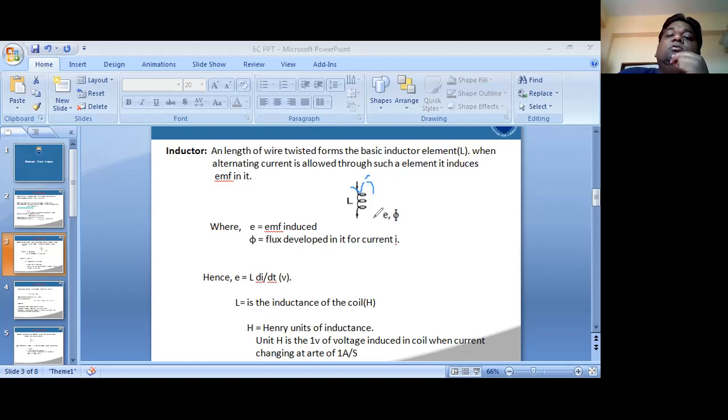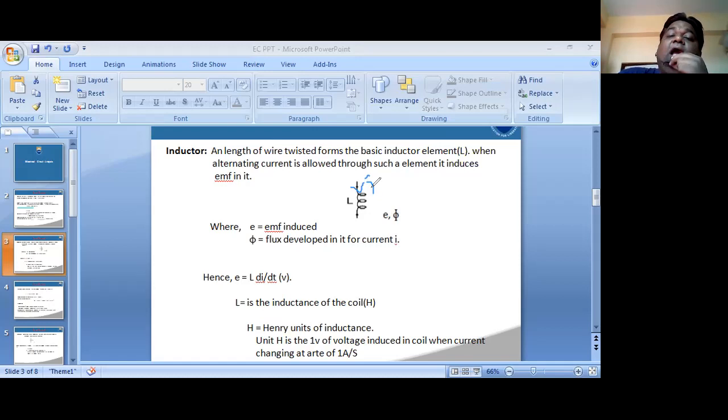So according to Faraday's law, if the coil or inductor element experiences variable flux, then EMF E is induced in it. EMF is nothing but electromotive force, whose units are volts. As current I is variable, flux phi is also variable, and it induces EMF E in it.